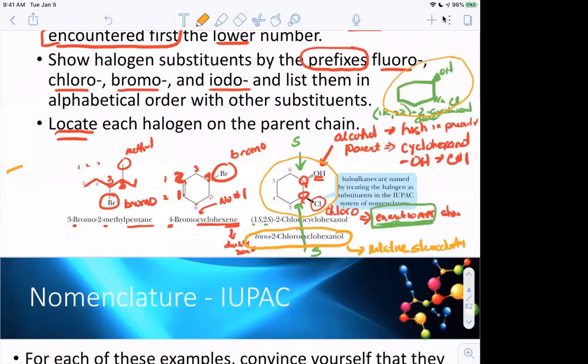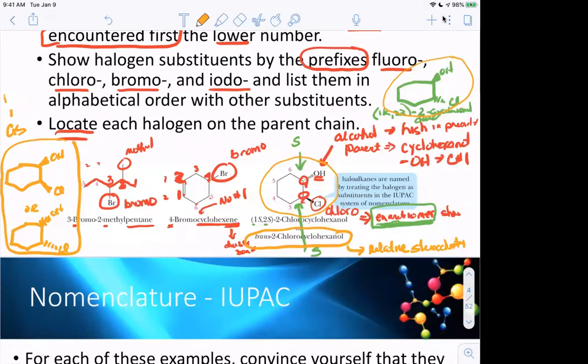And remember, if I wanted to draw cis, I would have both of them bolded, or I would have both of them hashed. And if I was going to indicate this being cis, again, that implies that 1-to-1 ratio of enantiomers.